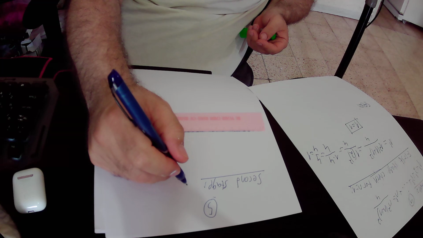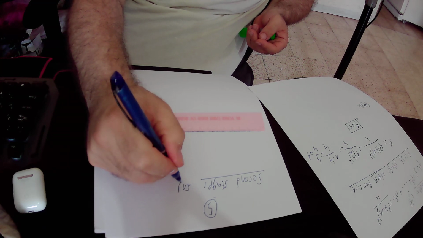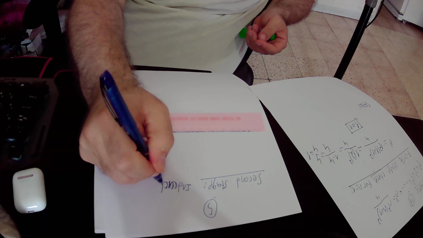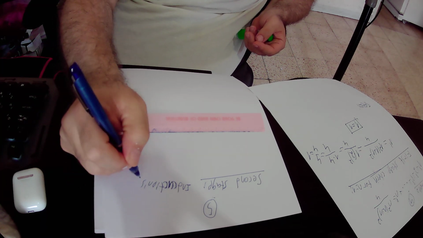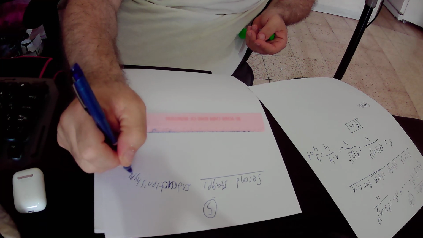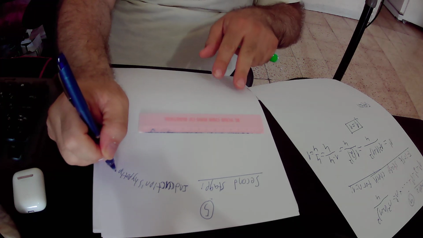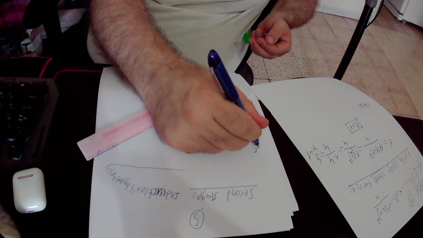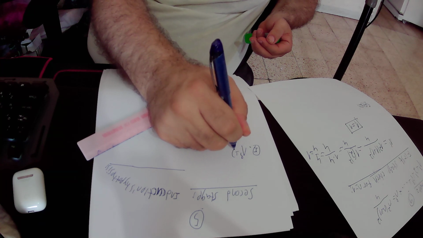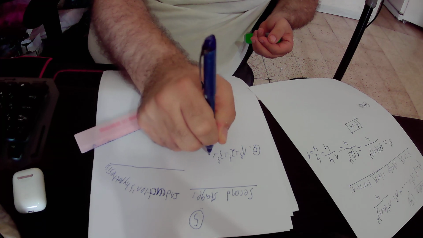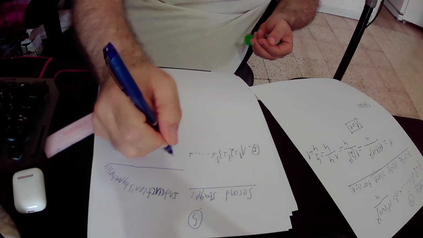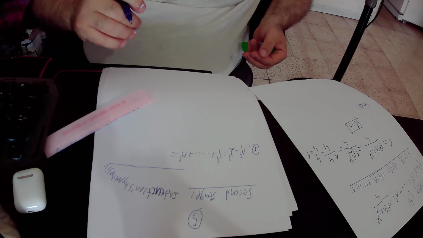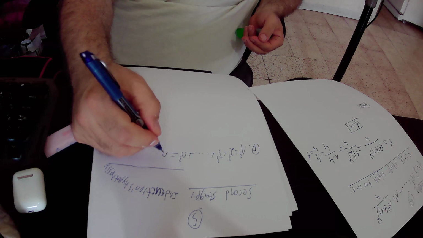So the induction hypothesis will be equation 1, that 1 to the power of 3 plus 2 to the power of 3 plus 3 to the power of 3 plus up to n to the power of 3 equals n squared.